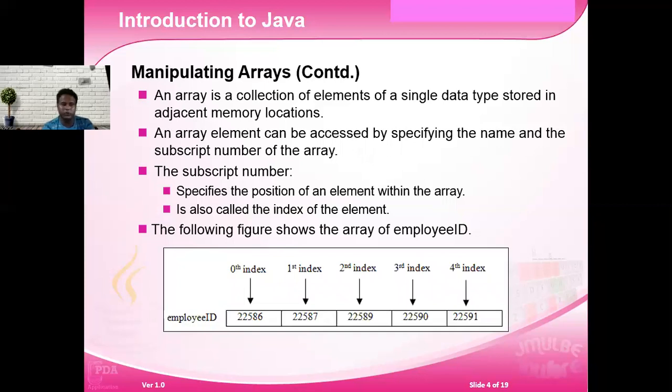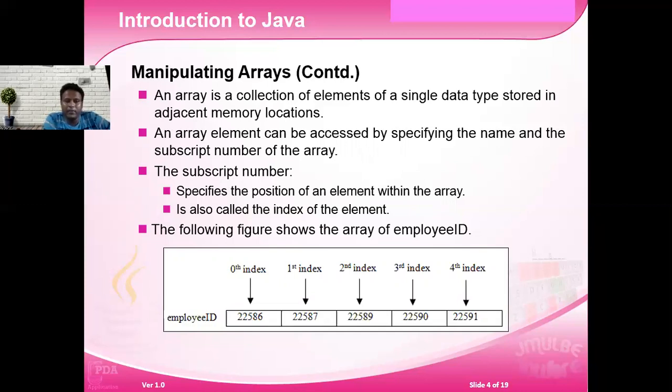If you want to store more than one element which has the same data type, then you have to define an array. If you want to store the same type of values in a single memory location without creating different variables, we have to define an array.